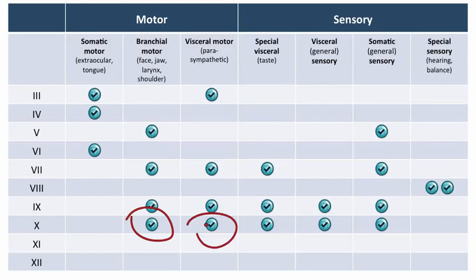There's outflow to viscera in the thorax and in the upper part of the abdomen. And much of that outflow is derived from a couple of nuclei in the brainstem. There is also a sense of taste that's conveyed via the vagus nerve. It's not quite as important as nerves 7 and 9, but it's there. It's from some taste buds that are in the posterior part of the oral cavity.